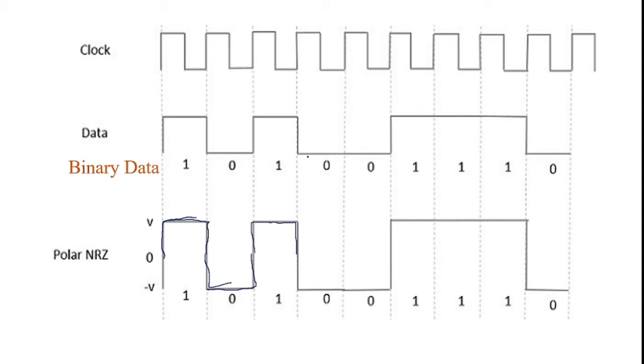And this is low in data, and this is low in data; that low in data is represented by a negative pulse. And this is high in data; that high in data is represented by a positive pulse.